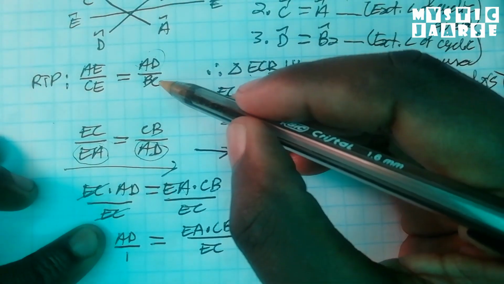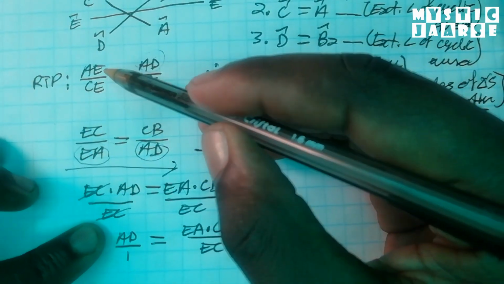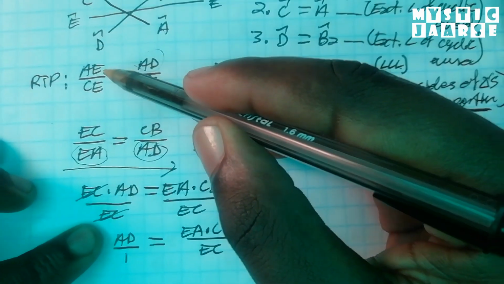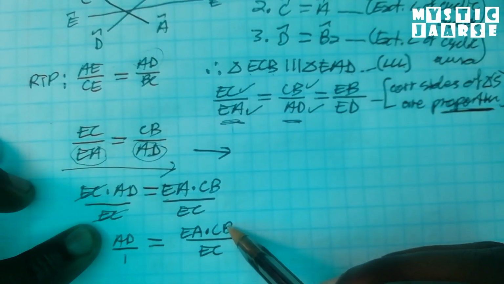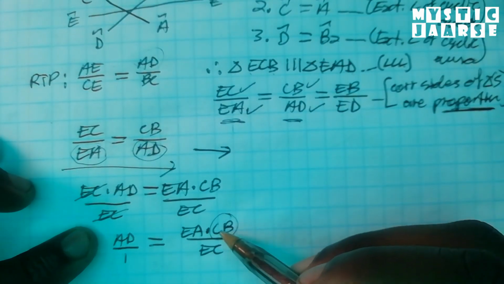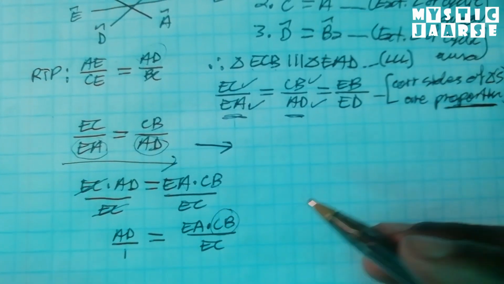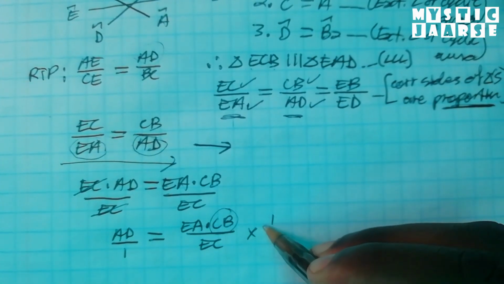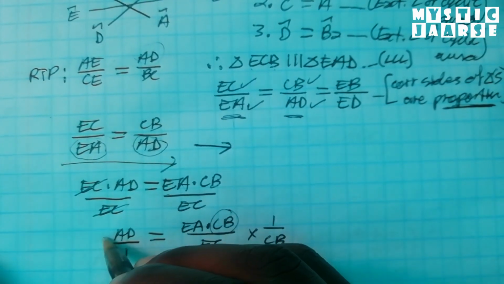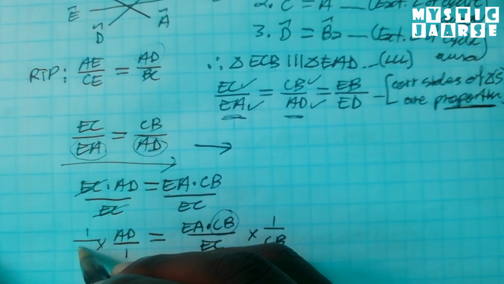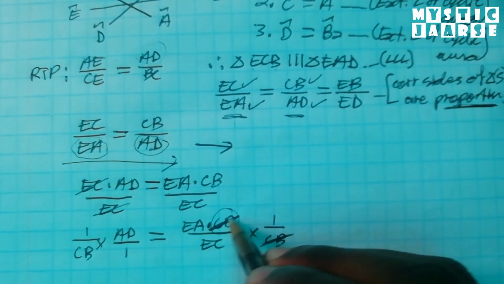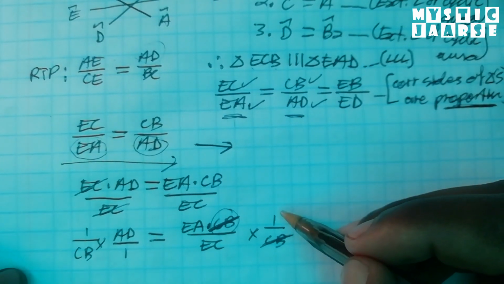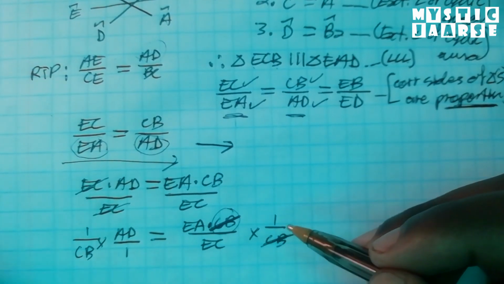Now we need to make EA our numerator, so we need to get rid of CB. For us to get rid of CB, we multiply this whole thing by 1 over CB, so that this CB cancels with this CB, and what we do on the right hand side we also do on the left hand side.